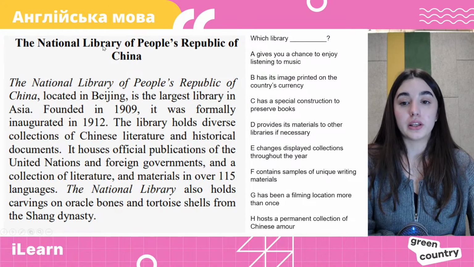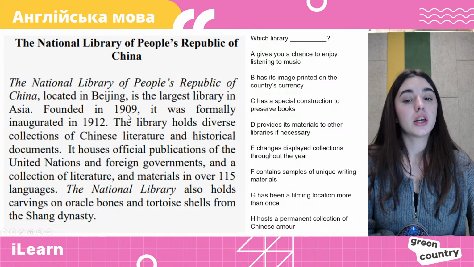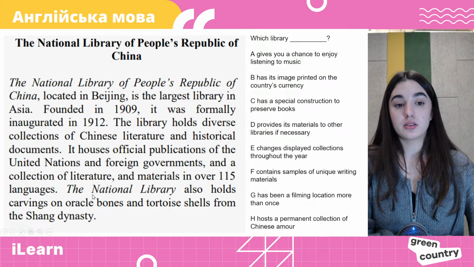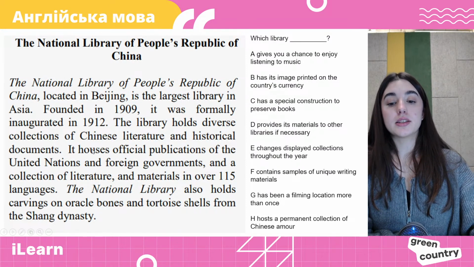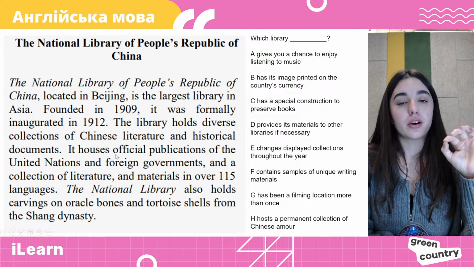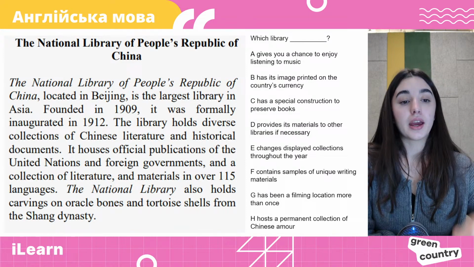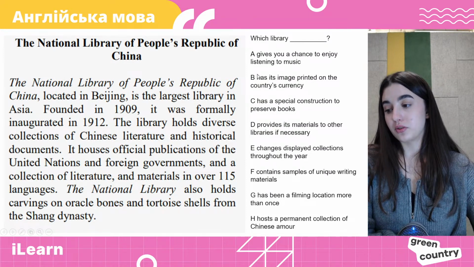So right now, let's start with the National Library of People's Republic of China. Your task is to read the text, underline the keywords, some things that can help you understand what a library is it, and choose the correct option.